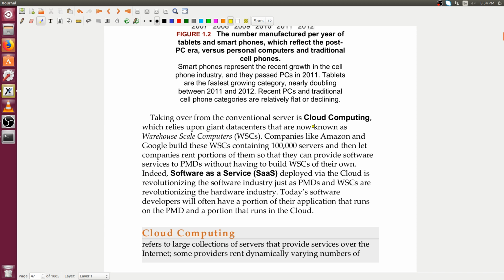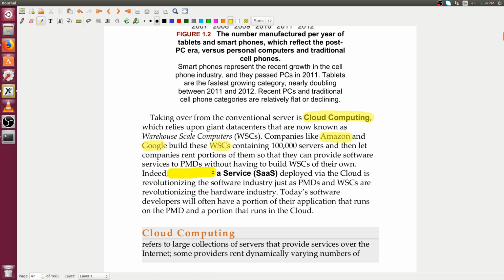Taking over from conventional servers is cloud computing. This relies upon giant data centers that are now known as warehouse scale computers. So Amazon and Google build these warehouse scale computers containing 100,000 servers. Very interesting stuff.